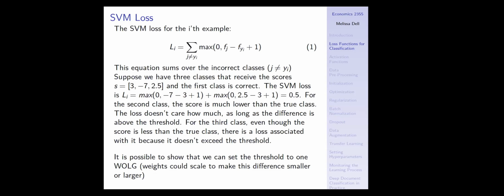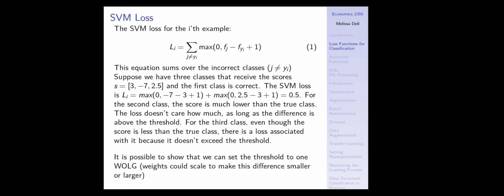And so the first type of loss function for classification is called SVM loss, for support vector machine loss. What SVM loss does is sum over the incorrect classes, taking the difference between the scores of the incorrect class and the scores of the correct class, and you want the correct class to have the highest score with some kind of safety threshold, which we'll set to 1.